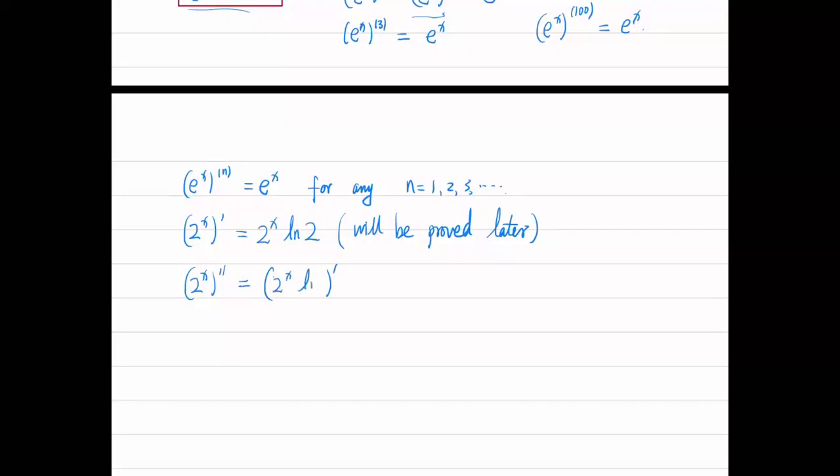2 to the x times log 2. Now if you take the derivative of this again, what do you get? So this one is a constant. We can move it out.